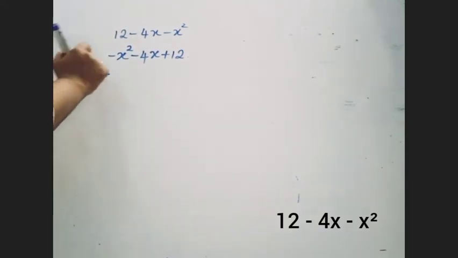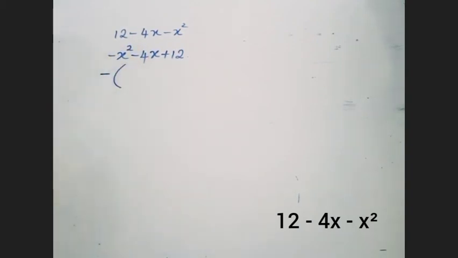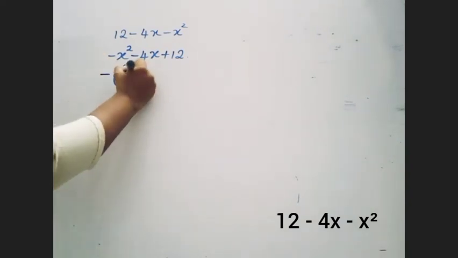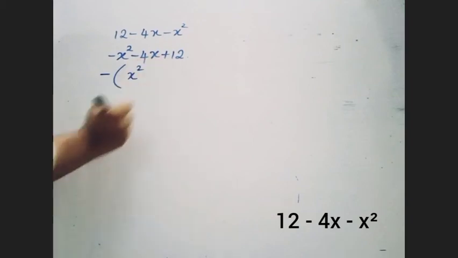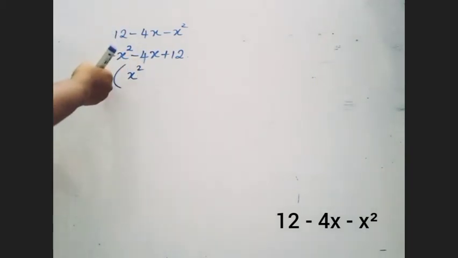So I am going to write it like this, where minus divided by minus 1 is going to be positive x square. So in order to make this x square coefficient positive, I am going to write it in this way, so it will be easier for you to factorize it.